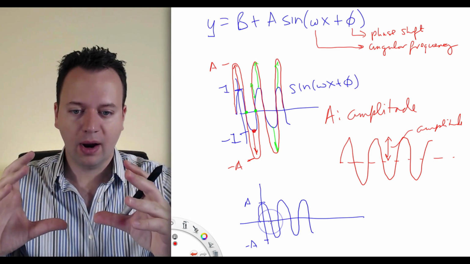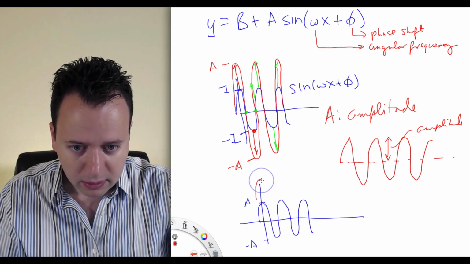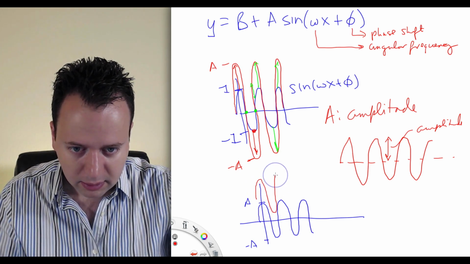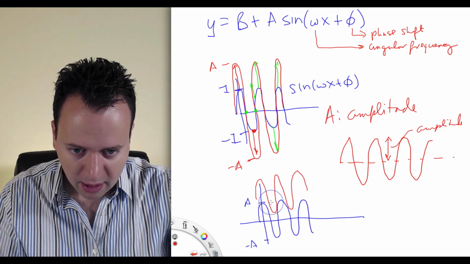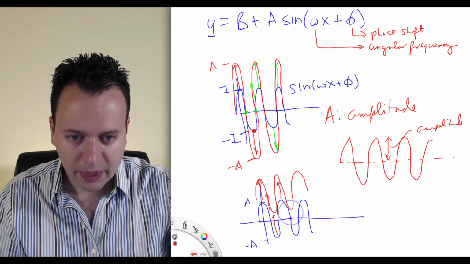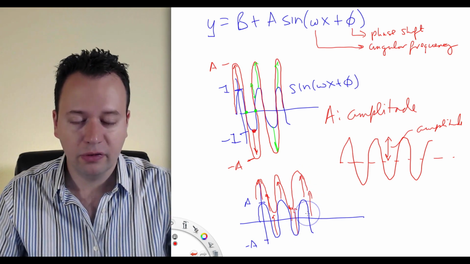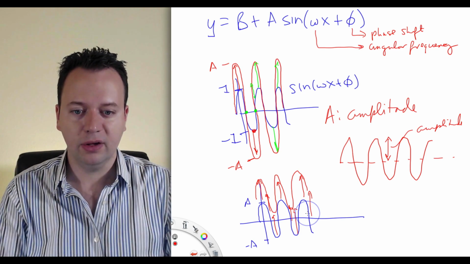So we're lifting the whole graph up, copying and pasting it up here. Everything moves up by exactly the same amount. So it's just a vertical shift, and everything is raised up by an amount equal to b.